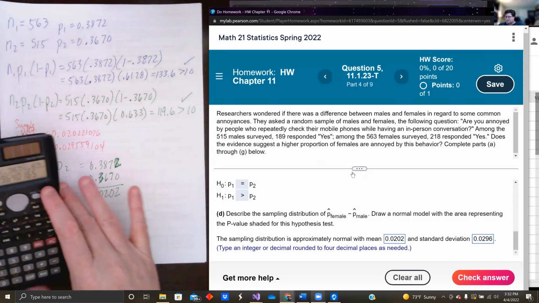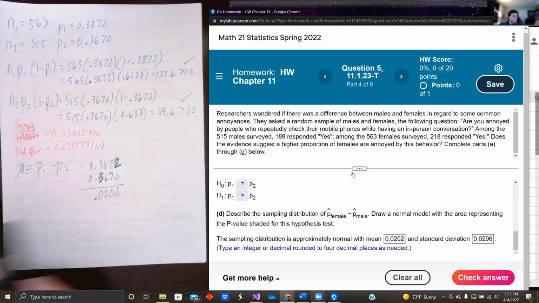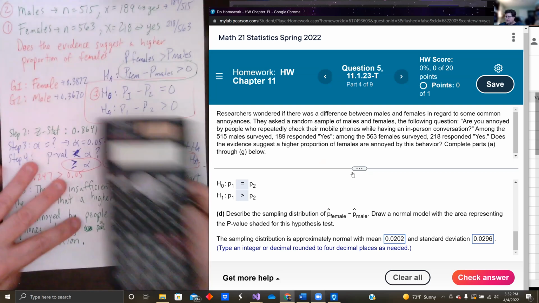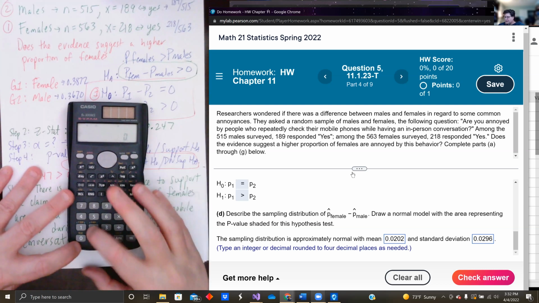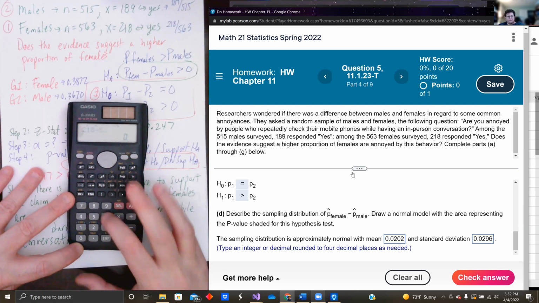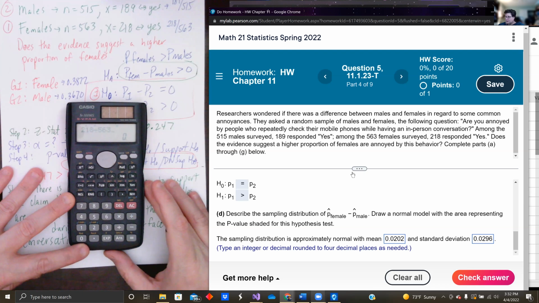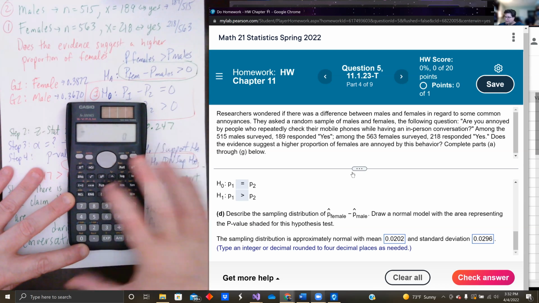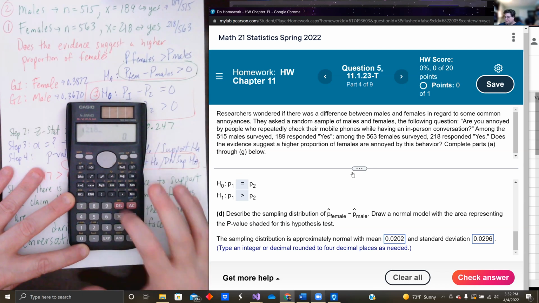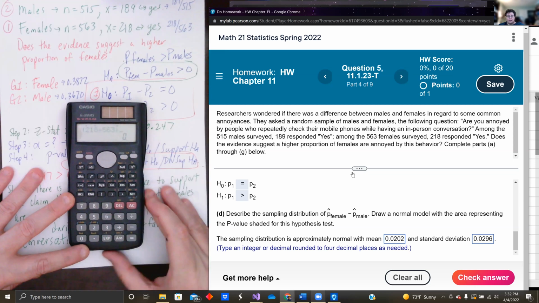Let's go back to the original. So the original P1 was 218 divided by 563. In fact, let me put that in parentheses. 218 divided by 563 was my P1.